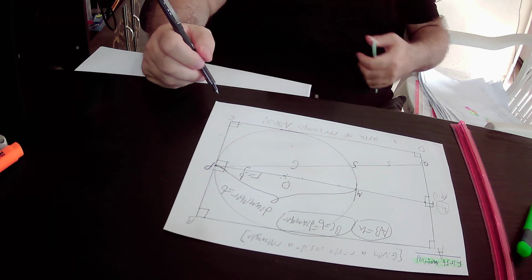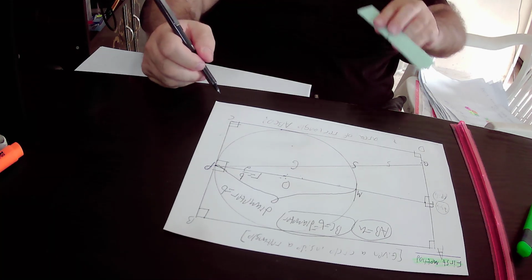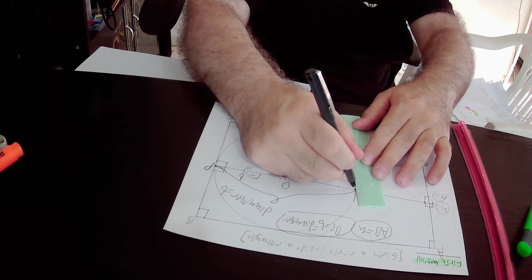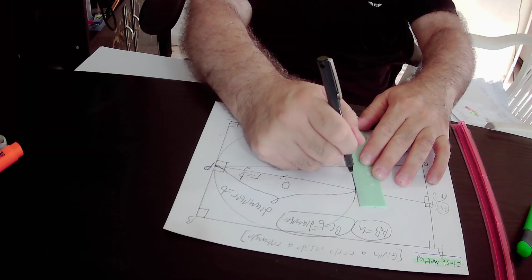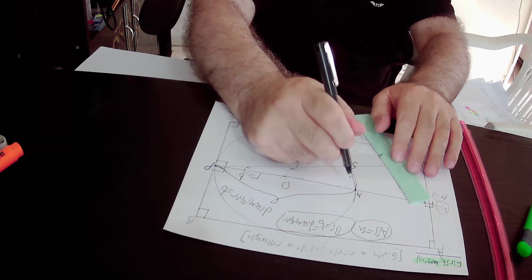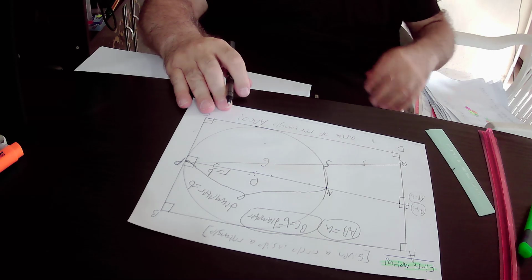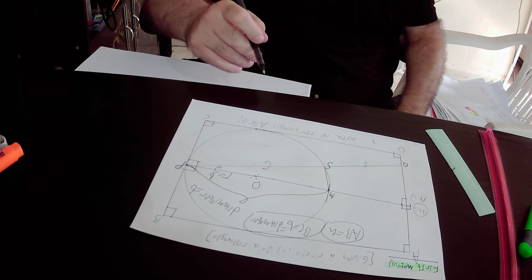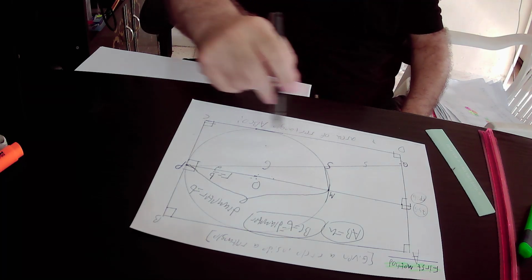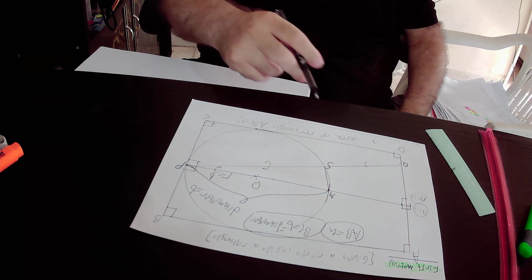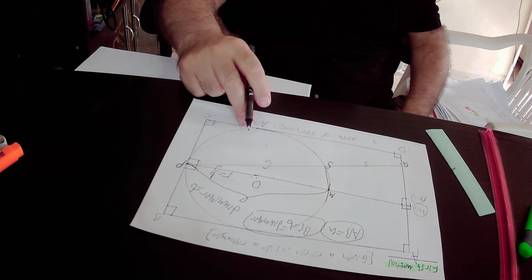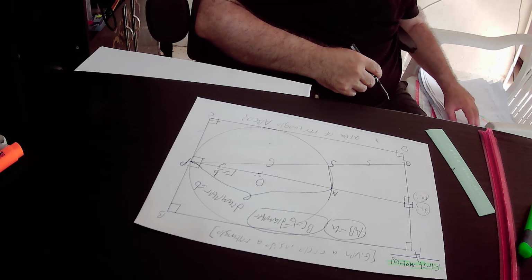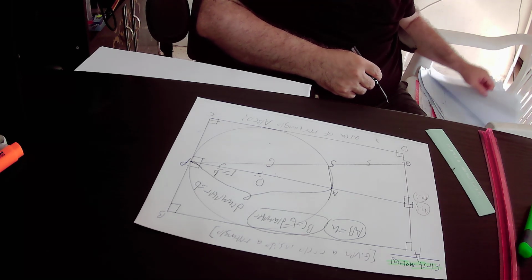In the next step, we join points M and S together by a straight line. When joining points M and S by a straight line, we created here peripheral angle MSP. And peripheral angle MSP rests on MP, that is the diameter of the circle. And we actually have rule number 5.